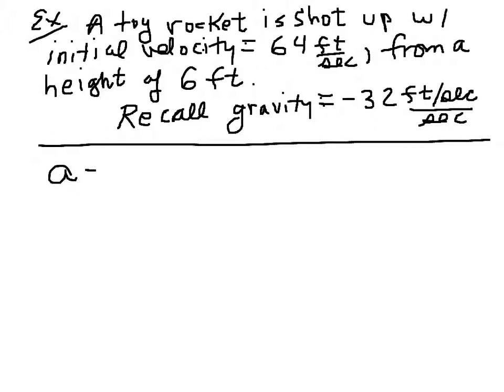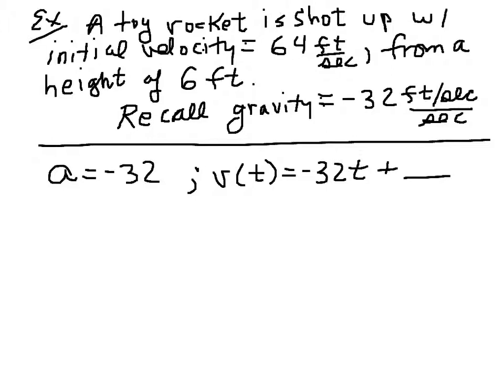We start with acceleration, which is minus 32. And since acceleration is the derivative of velocity, if we go backwards, velocity must be minus 32t plus some constant, because when you take the derivative of velocity, you'll get acceleration.